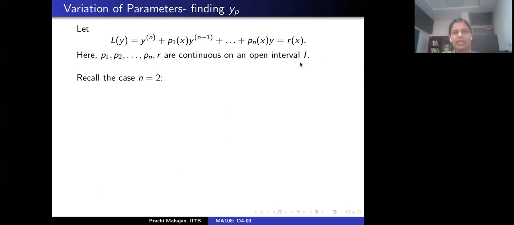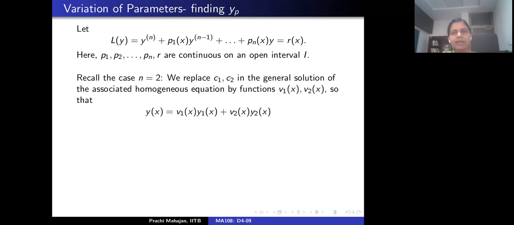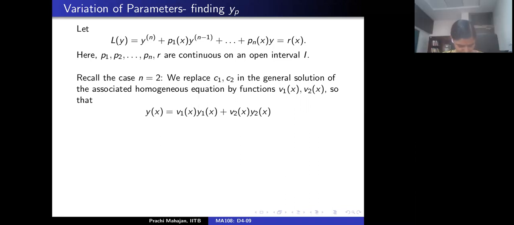Right? Okay, for the n equal to 2 case, what did we do? We wrote down the general solution of the associated homogeneous equation, and we replaced the constants there by functions v1 and v2, right? So we sought a particular solution of the non-homogeneous equation of the form v1 times y1 plus v2 times y2, where v1 and v2 are both functions of x this time, right?